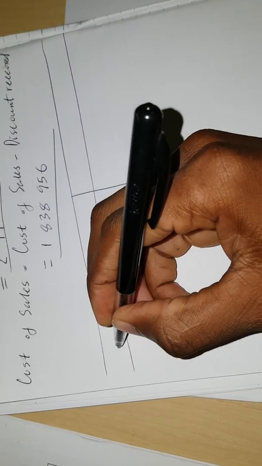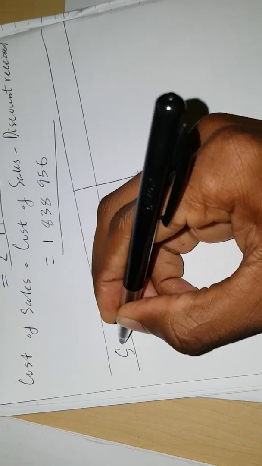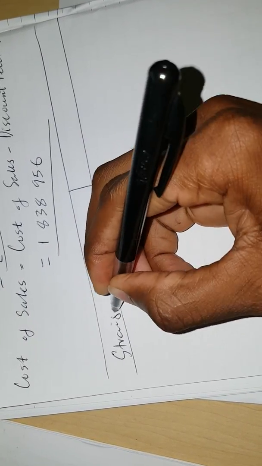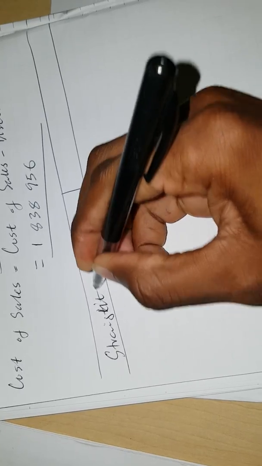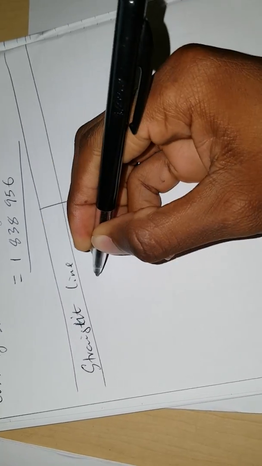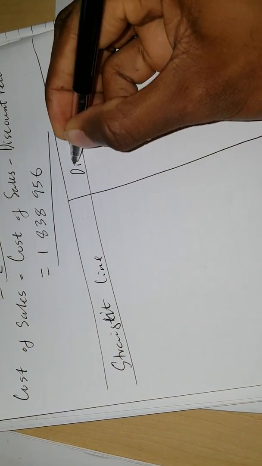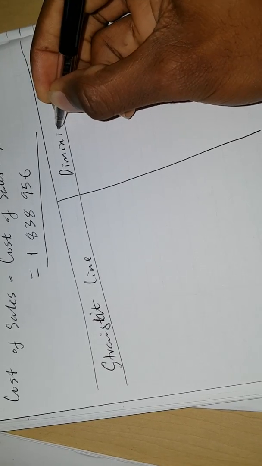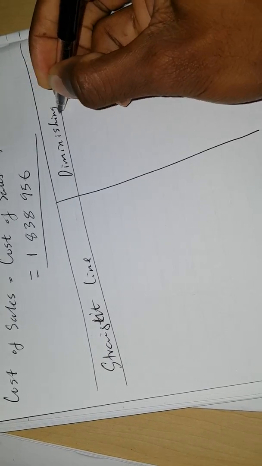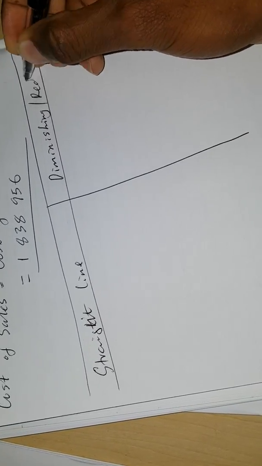Okay, so we have the straight line method, and the other method, they said it's the diminishing method. Sometimes they call it reducing.